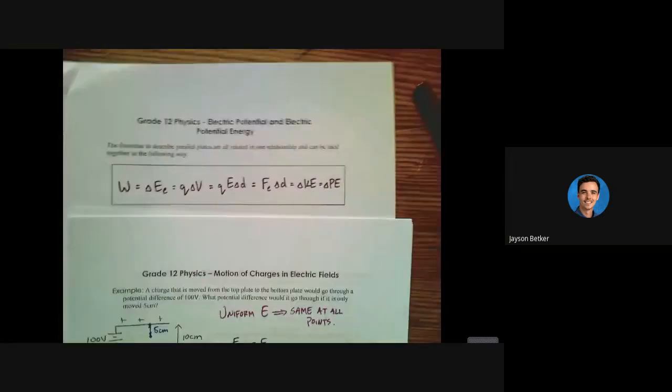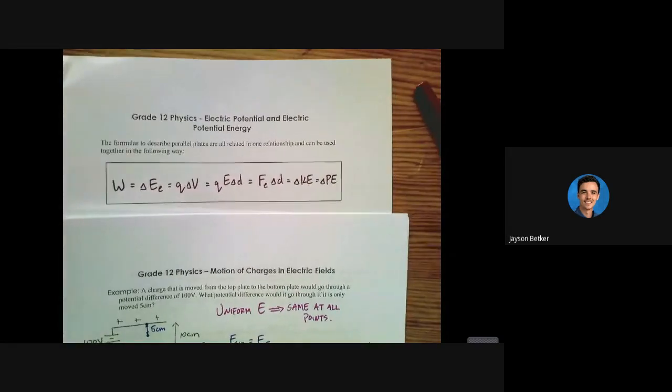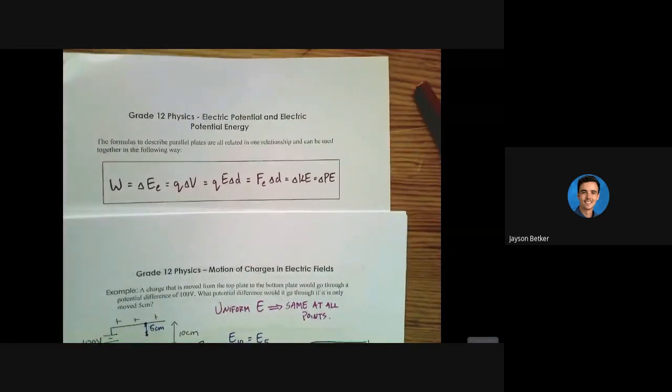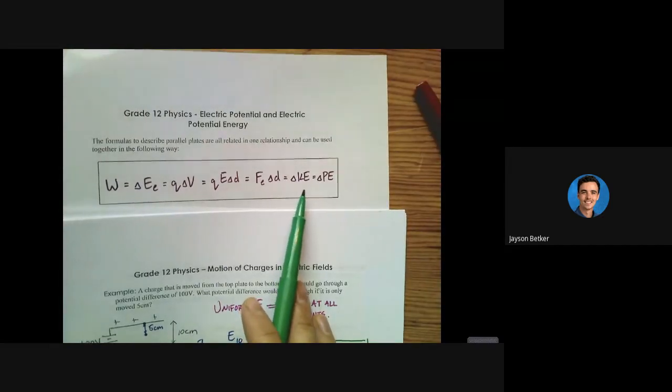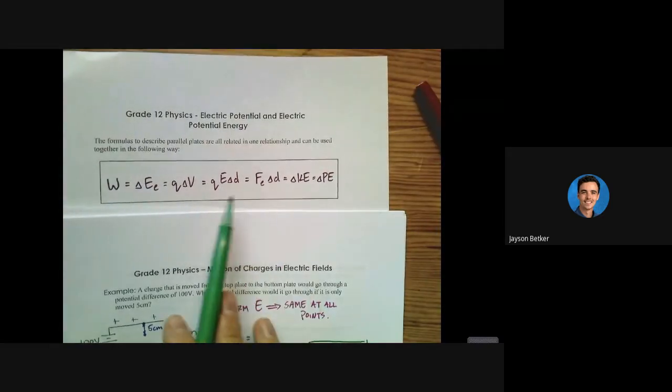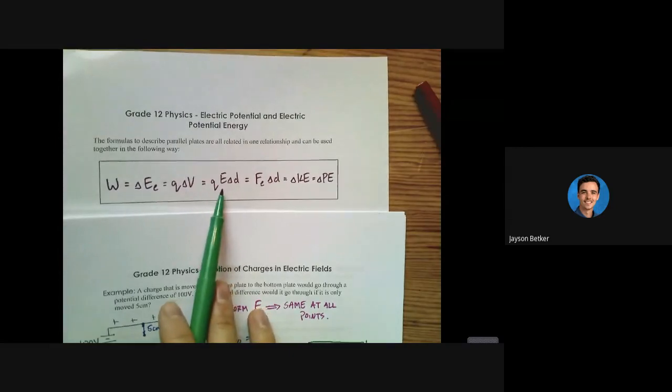What I'm seeing is that I have mass, displacement, charge, and velocities. When I look at the formulas from the last lesson, it's not looking like I have exactly what I need. I have mass and velocity, which is nice for my kinetic energy, but I only have charge and displacement. I don't have electric field yet.